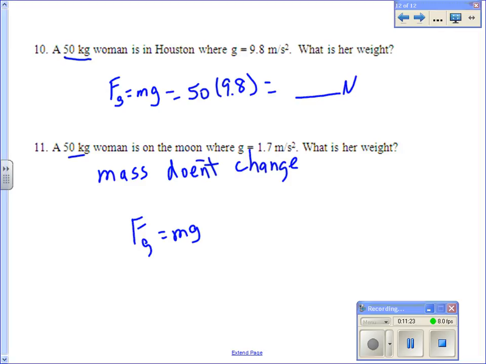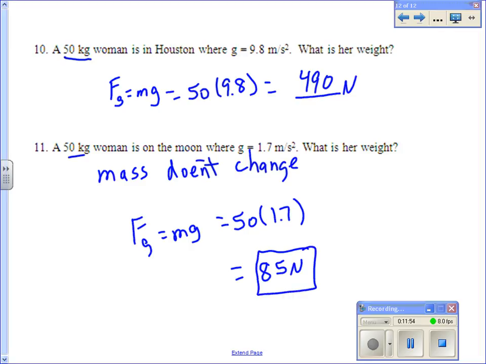So instead of weighing 50 times 9.8, which is 490 newtons, her mass remains 50, but now we only multiply it by 1.7. And when you put that in your calculator, then you get 85. Okay? So the person goes from weighing 490 newtons to 85 newtons. And that's all based on the gravity.